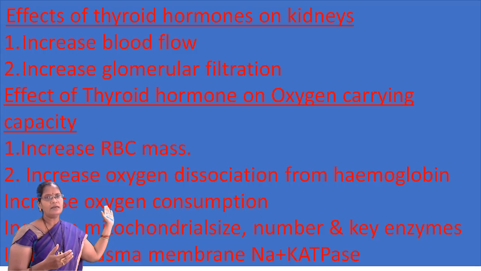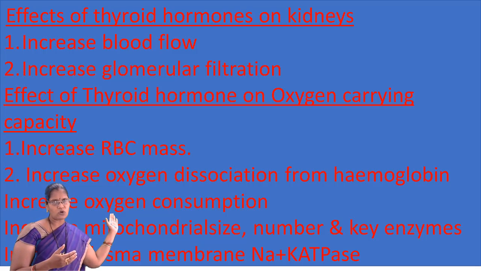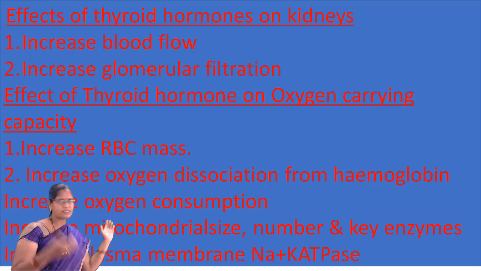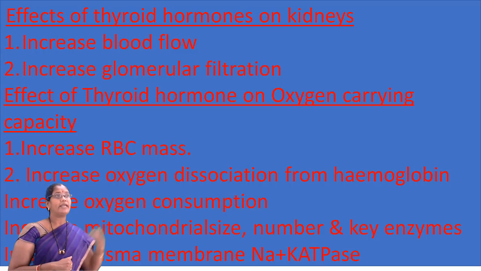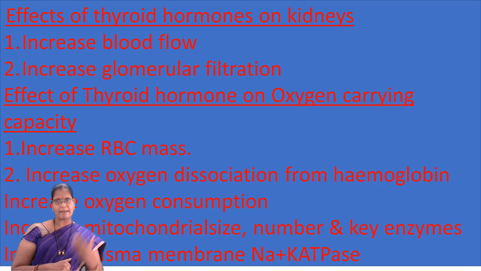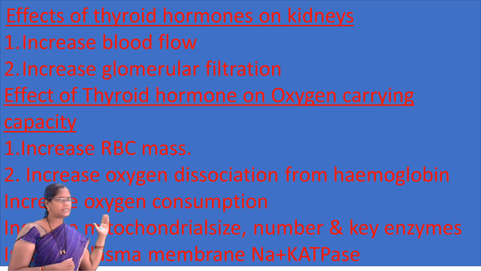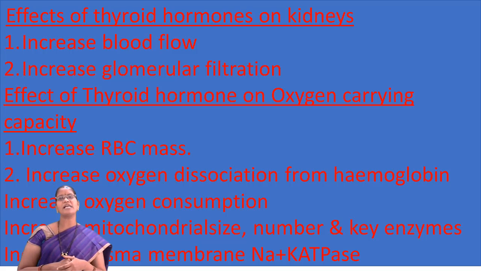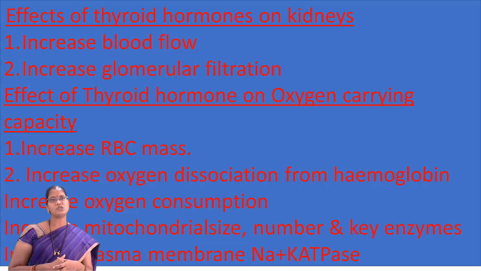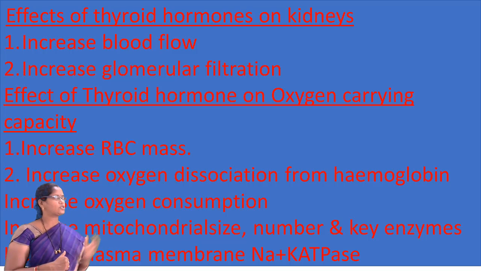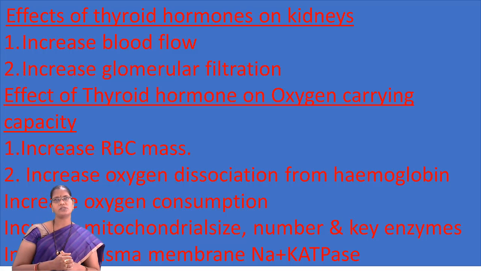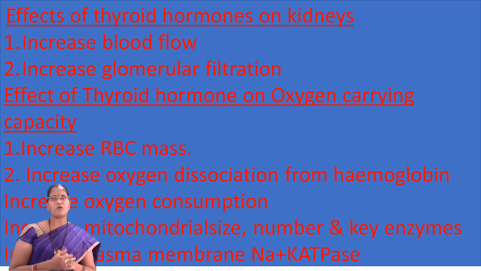They increase the oxygen dissociation from hemoglobin. They increase the oxygen consumption. They increase the mitochondria size, number, and key enzymes present in the cell. Thus, they increase the plasma membrane sodium potassium ATPase activity also. So these are the effects of the thyroid hormones on respiration or transport of oxygen.